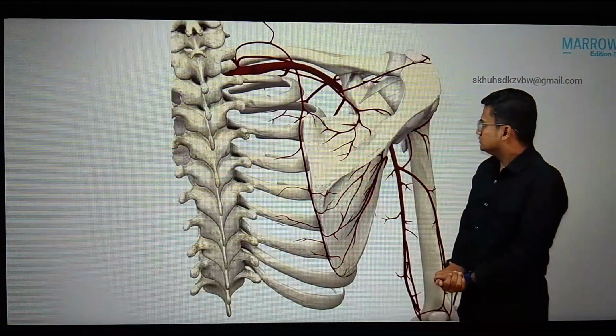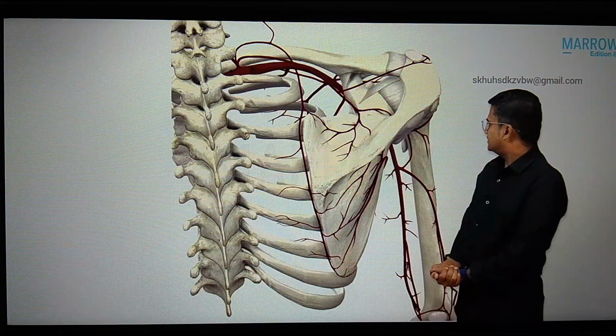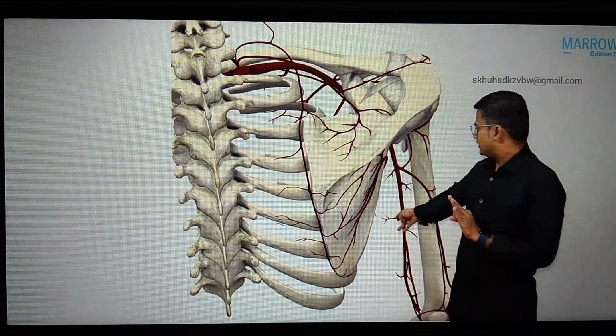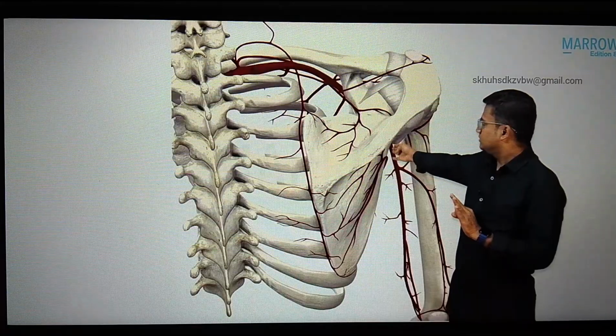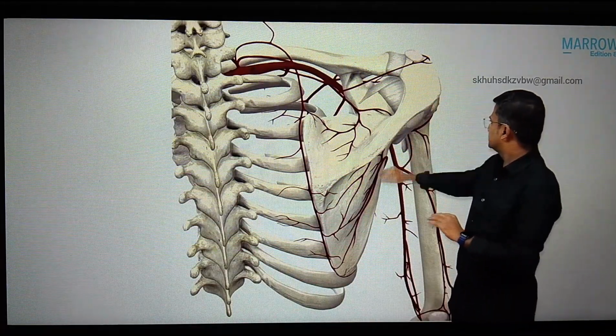Right. Now we're going to see the anastomosis between the axillary artery and the subclavian artery. This anastomosis happens around three regions: over the inferior angle of the scapula, over the body of the scapula, and a minor anastomosis over the acromion process.